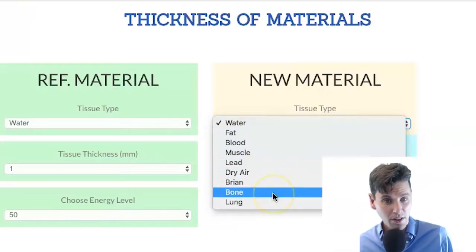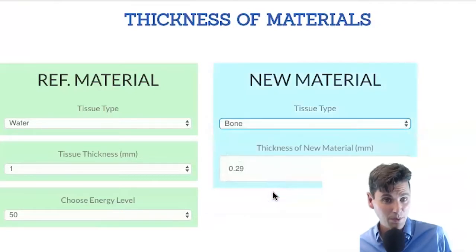The answer is I'm going to need less bone, less than 1/3 the amount, because bone is significantly more attenuating since it has that high Z material in it. So this is about 0.3. Let's remember that number, 0.3 for 50 keV.